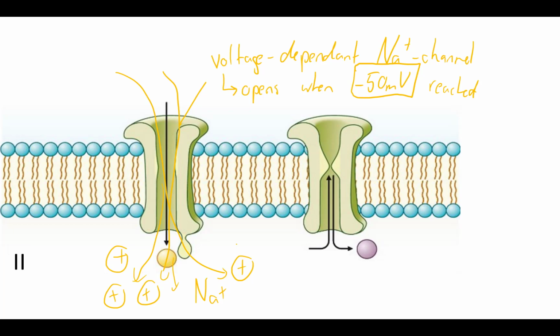We no longer have the situation where the inside is negative and the outside is positive, but in fact it goes opposite, because all the sodium comes in, it brings the charge in, which means the outside goes more negative and the inside goes more positive. So as soon as this happens, basically we have the action potential reached.